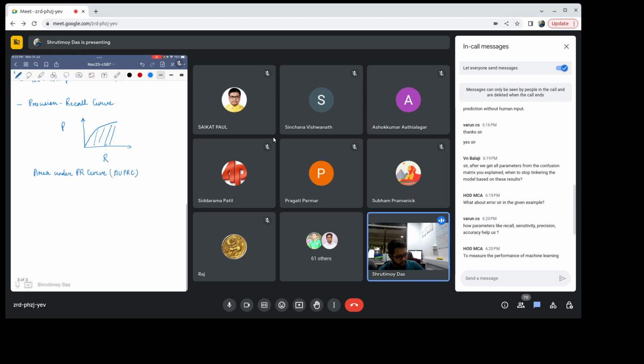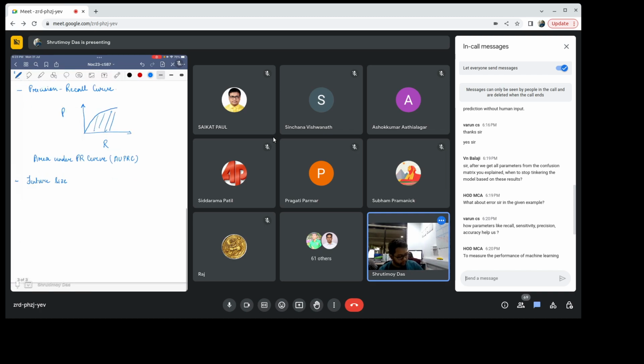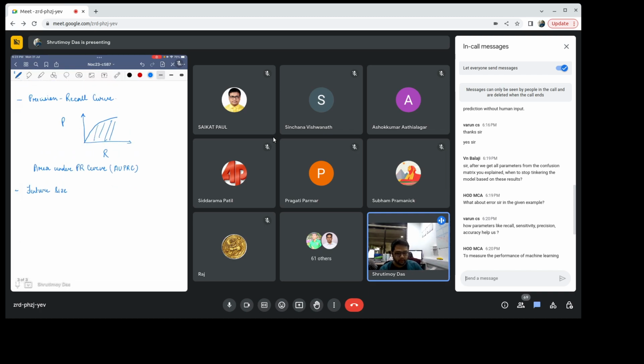Okay, so when we talk about feature size, suppose we are looking at houses, right? A house can have many features like floor area, or say location, age of the house, and so on.